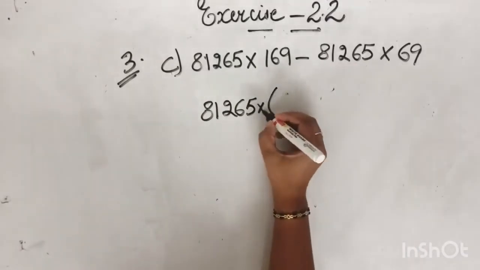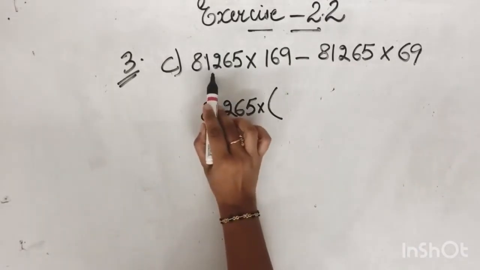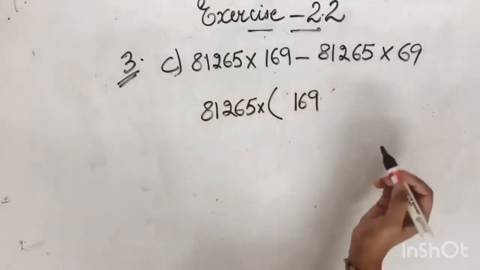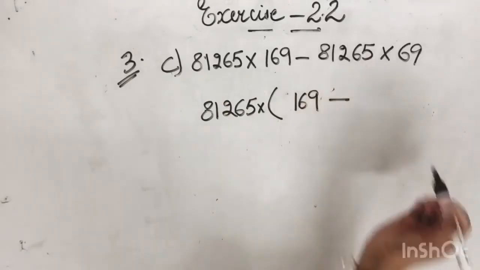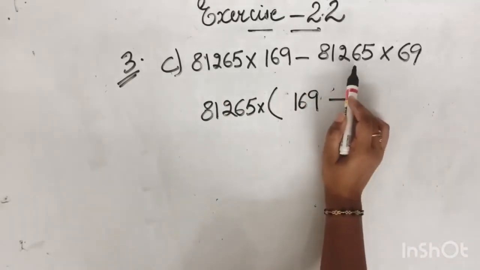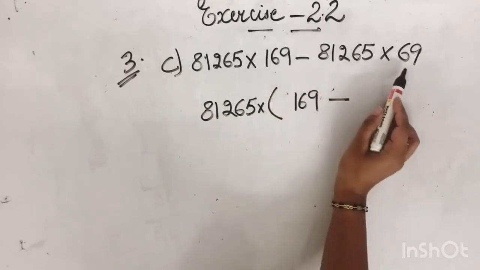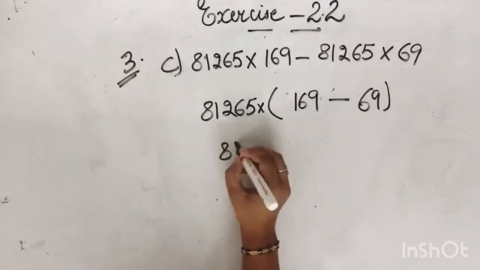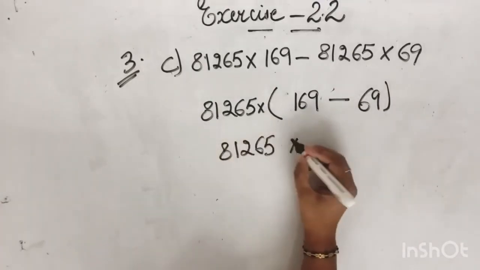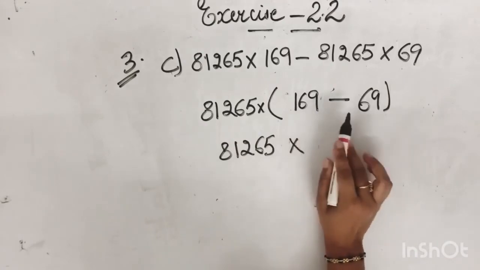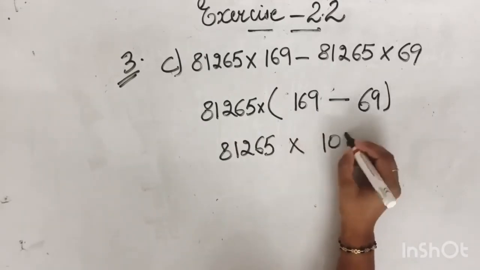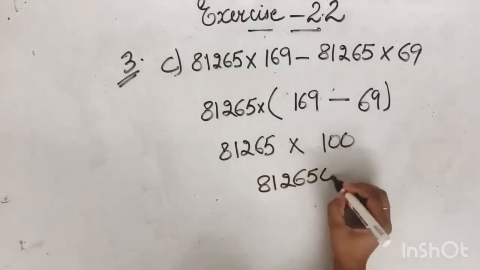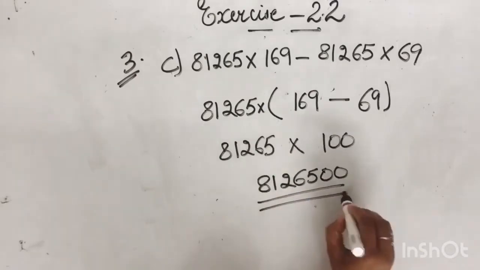Now if I take this number outside, which number is left? 169. Which sign is present here? Minus. Again I have taken this number outside the bracket, so which number is left? 69. So multiply by 169 minus 69. It will be 100. So the answer is, you have to multiply both the numbers.